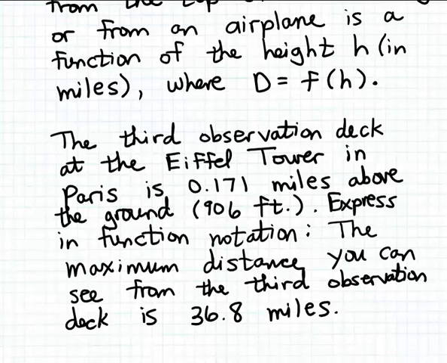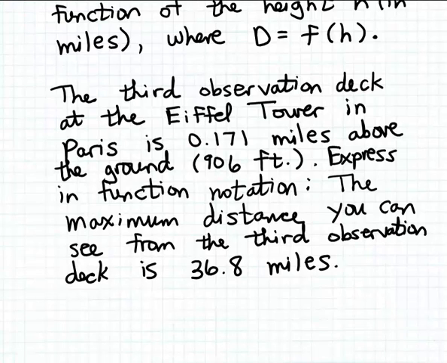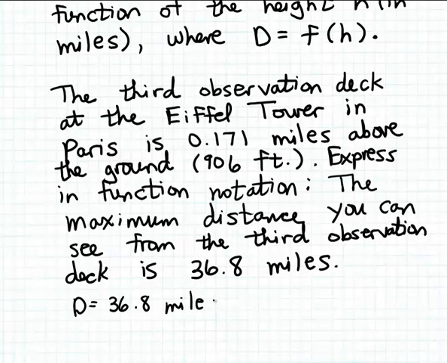Okay, so in this statement we're given a value here for d. That's the distance that we can see, or the maximum distance that we can see. And so that is 36.8 miles in this statement.